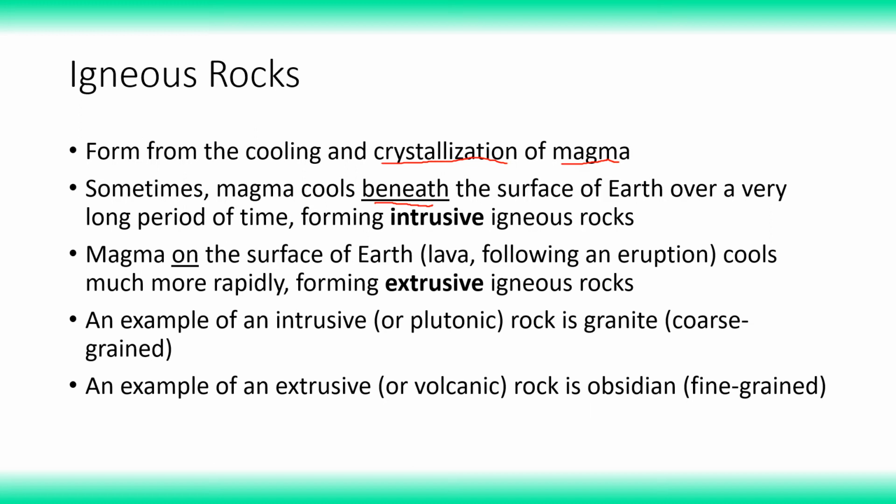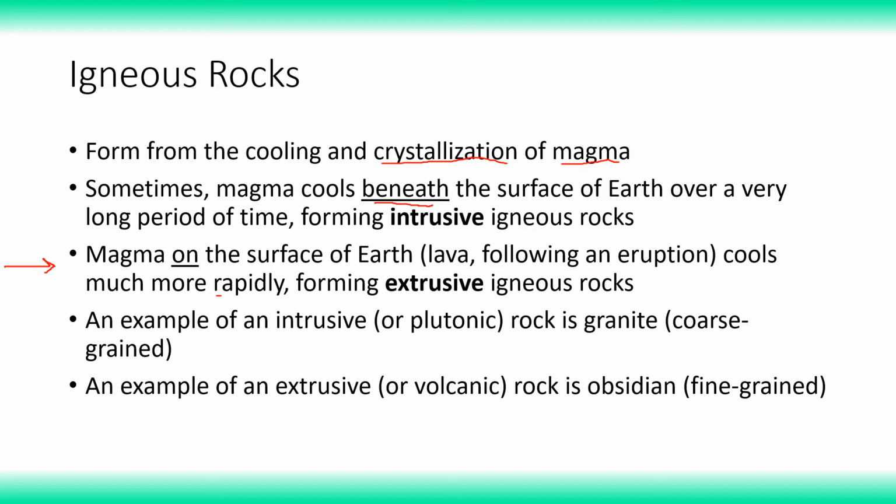This is something we don't really think about that much. You'd think of a volcanic eruption, there's lava flowing on the surface, and then that lava cools and forms a new layer of rock. That is one way in which rocks form. That's this point right here: magma on the surface of Earth, like lava following an eruption.